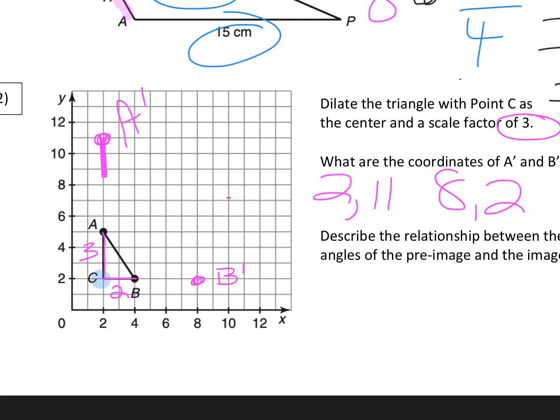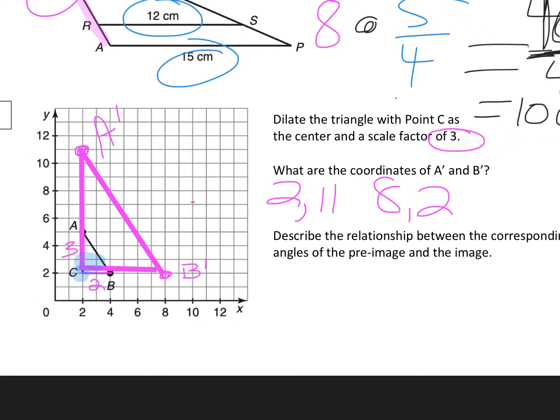And then whenever you dilate a shape, does the actual shape change besides the size? No. So what happens to the angles? They stay the same. You can see that my C was a 90-degree angle. It's still a 90-degree angle.